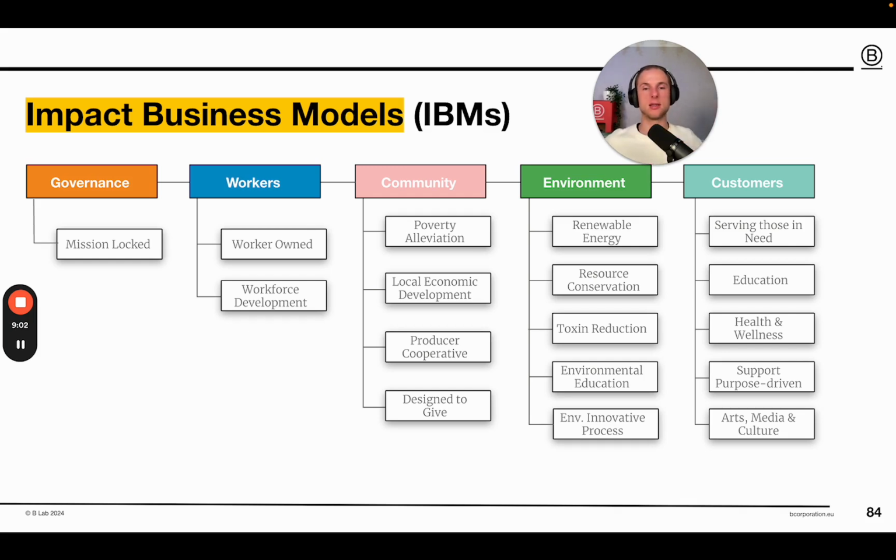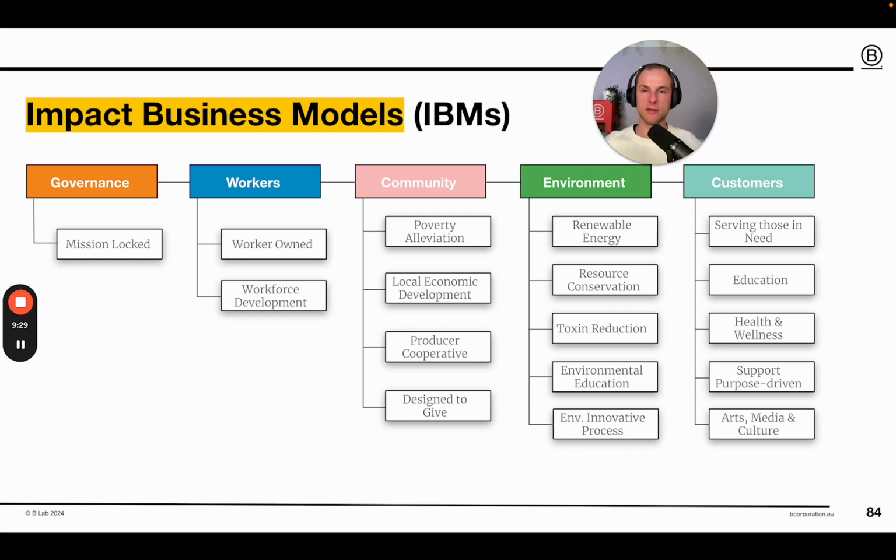Another one is the design to give. So if you have a company that is properly committed to donating a certain percentage of revenue or of profit to charitable organizations, this is a structural way of providing positive impact and may be able to be rewarded with the impact business model called design to give.